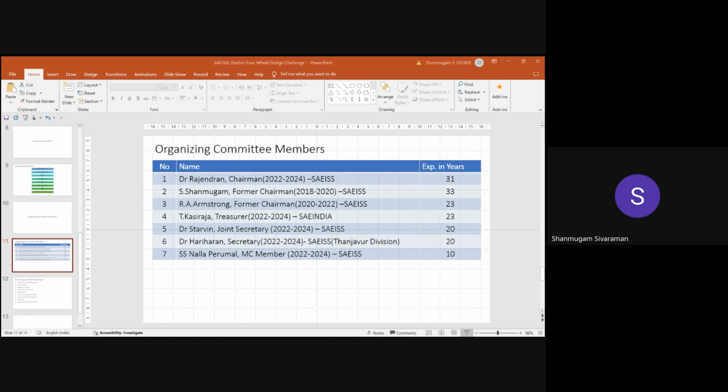And this is a good balance of both academia and industry. Dr. Hariharan, Dr. Starwin, and Dr. Rajendran are all from academia, and the others are all from industry. Now, we have put together a good team of industry volunteers who will help us conduct the workshops and various training, because we have about 11 training modules.